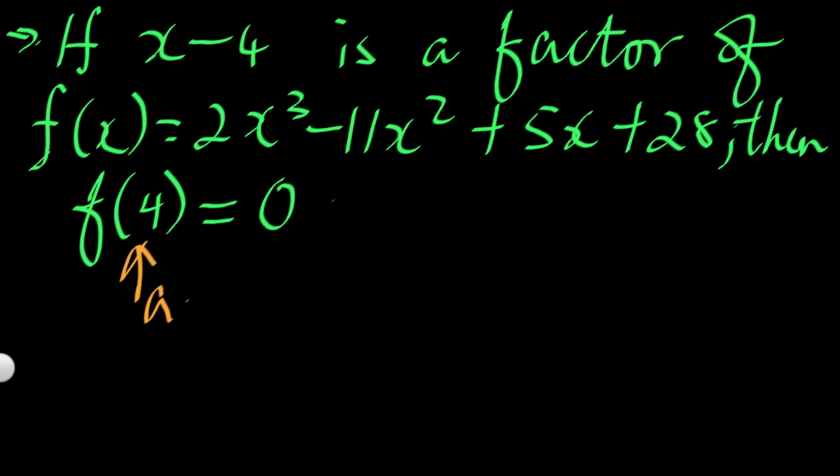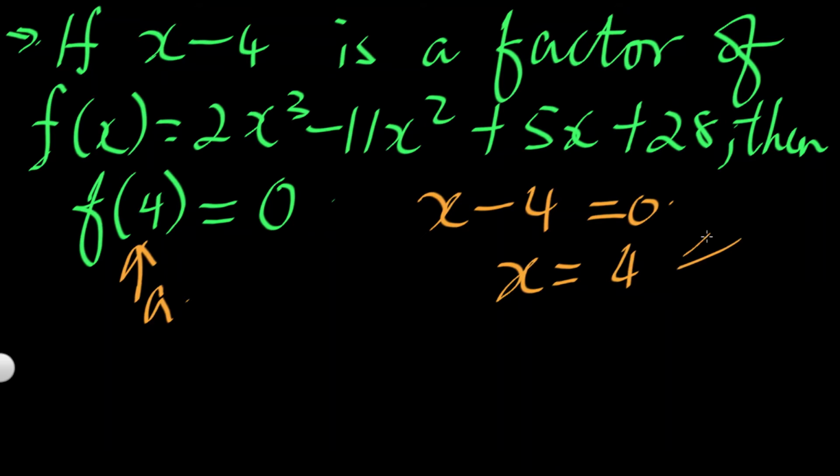In this case, it means 4 is my a. Let me explain again how you get your a. All you do, you go to the expression that is being called the factor. In this case, it's x minus 4. You equate it to 0. Then you solve for x. If I solve for x here, I get x is equal to 4. And this 4 here is my a.